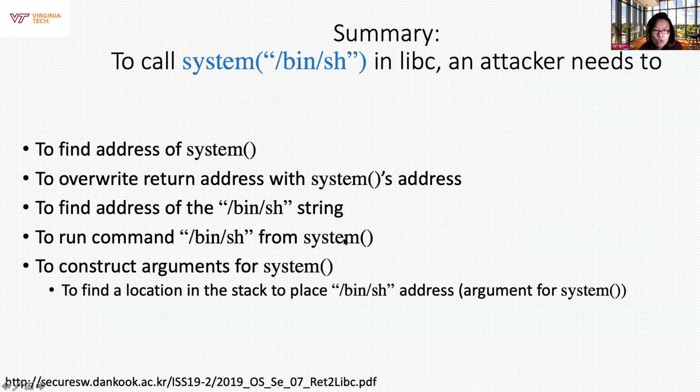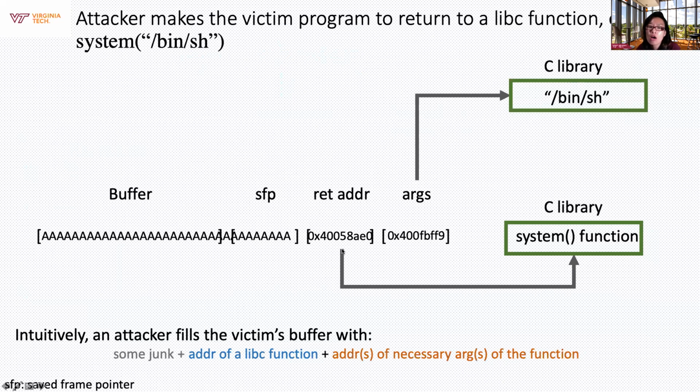You don't have to, because you only need to point, if you manage to find out the address of, say, a function, like a system function in the C library. If you manage to find out the address of that, you can just write that address as a new return address.